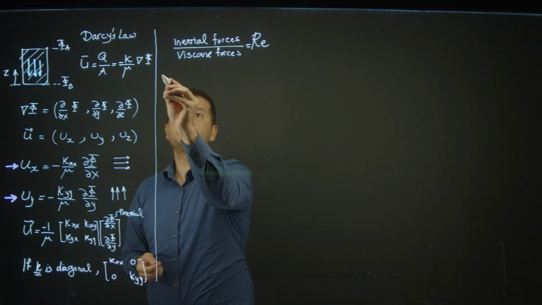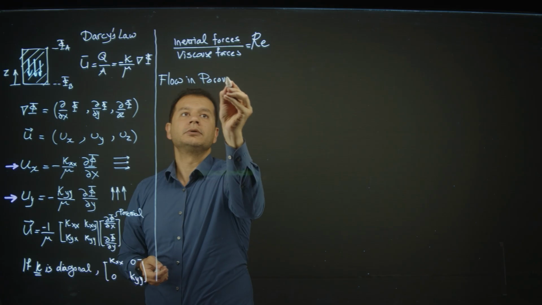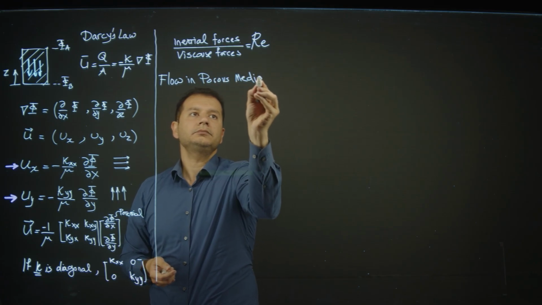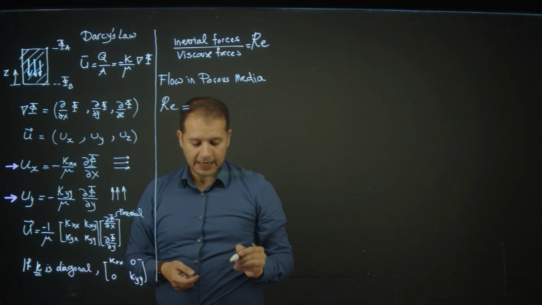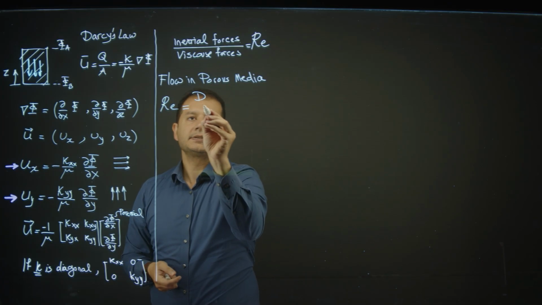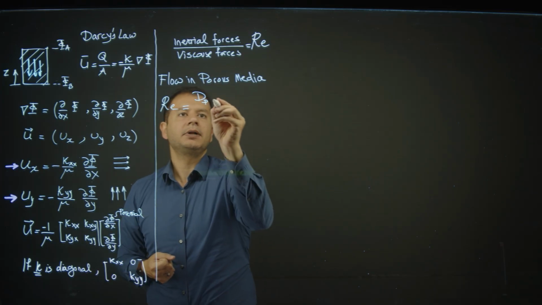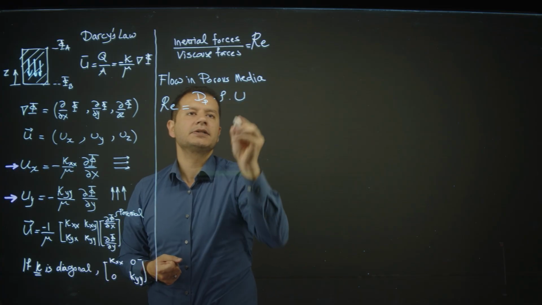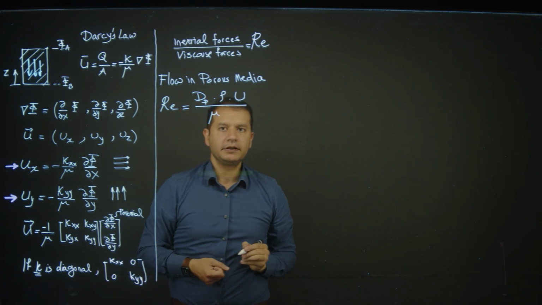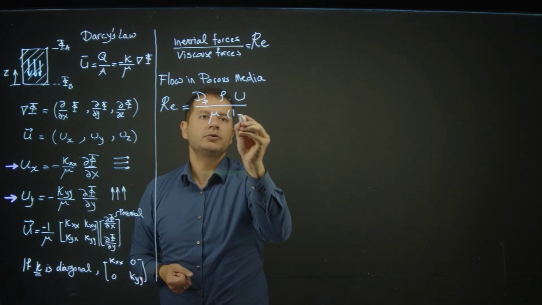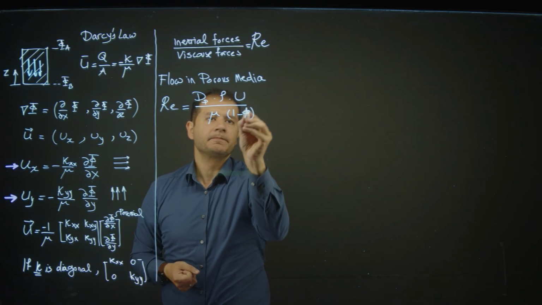For flow in porous media, the Reynolds number is defined as the grain size diameter d, which is a characteristic length scale, multiplied by density and velocity, rho u, divided by the viscosity of the fluid, obviously, and divided by 1 minus porosity.